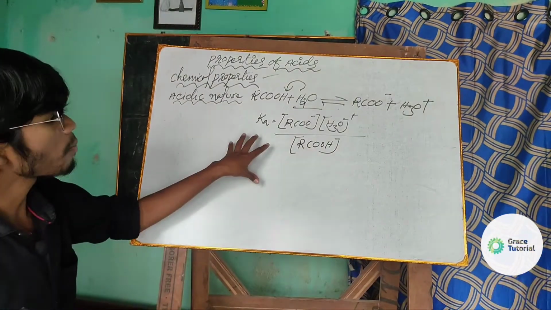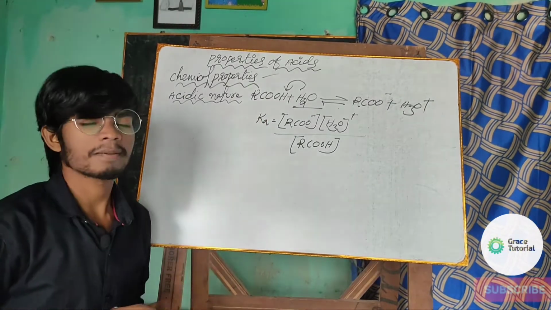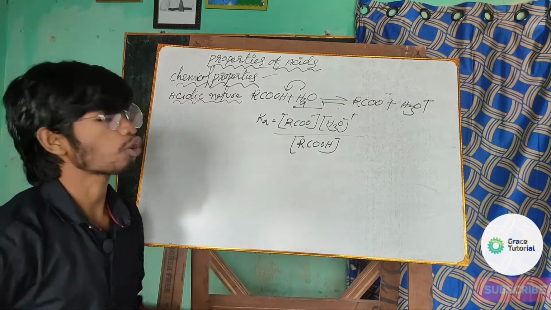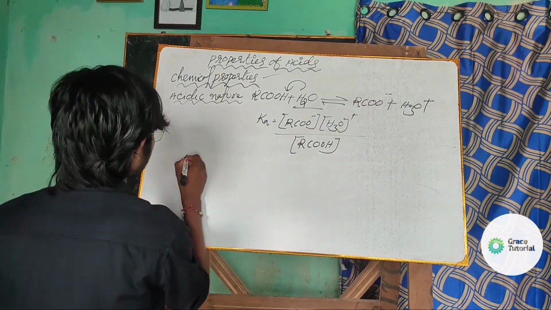This is the equilibrium constant of the carboxylic acids. But now we need to explain whether this RCOOH acts as an acid or not. Let's have a look.